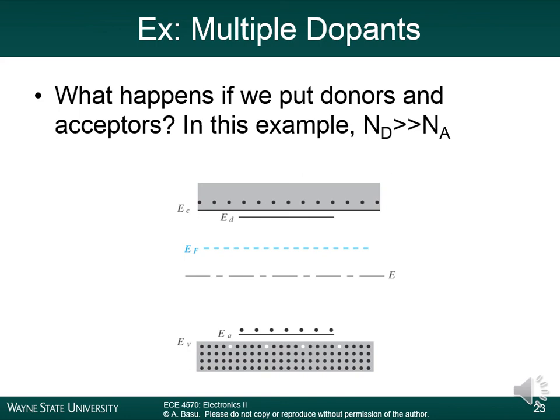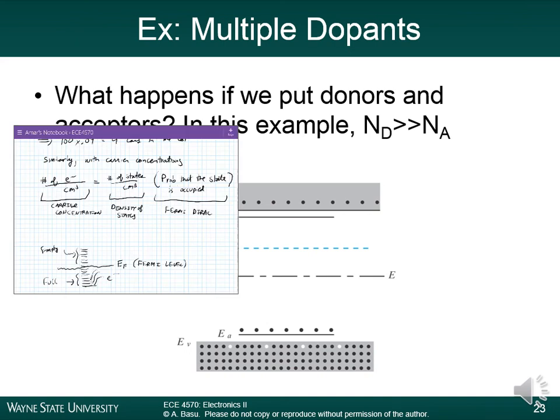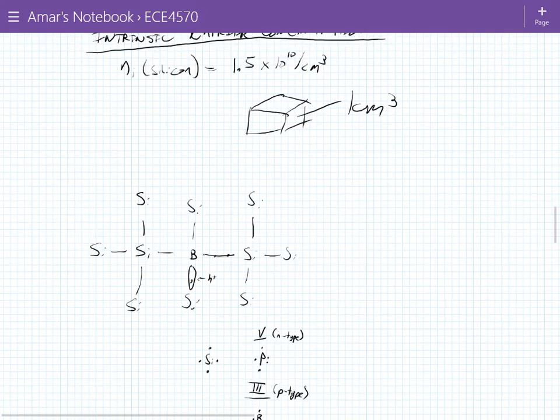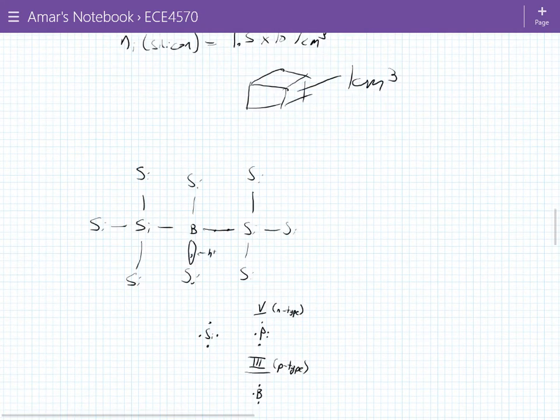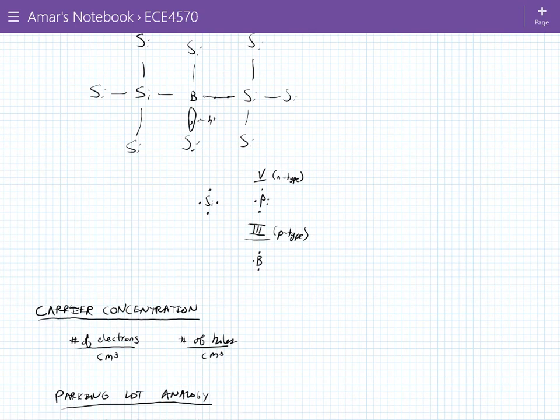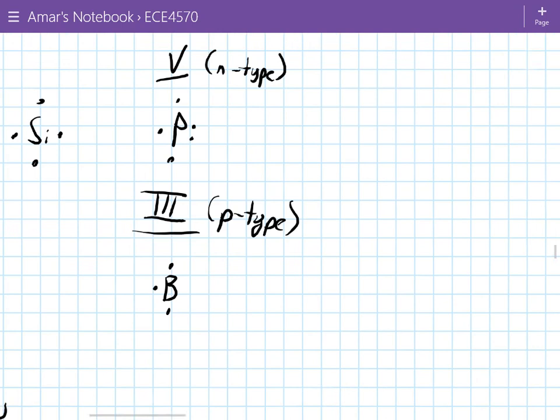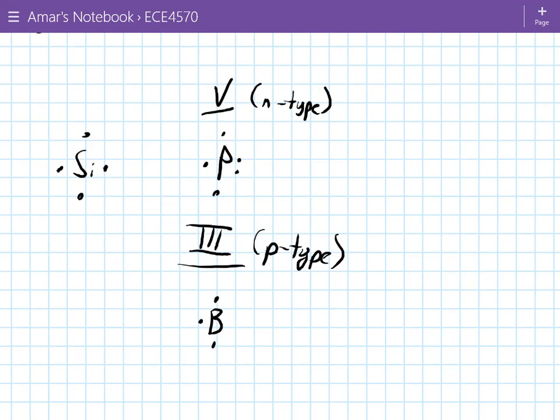If we think about it more conceptually, you should understand these things not just in terms of the energy band diagram, also in terms of what's physically happening in the material. If you remember from class last time, we were drawing this out. Phosphorus has 5 electrons in its outer shell.